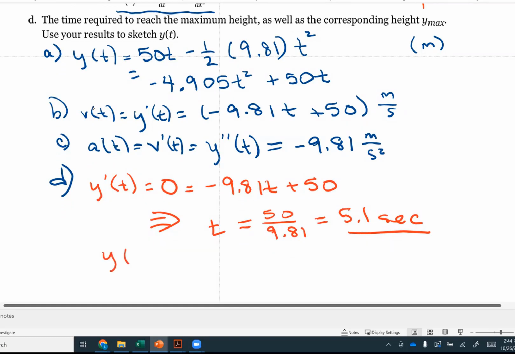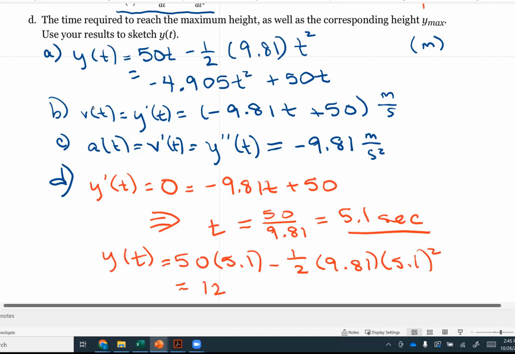So this is going to be 50 times 5.1 minus 1/2 times 9.81 times 5.1 squared. I got 127.42, which should be in meters. This is my y of t max.